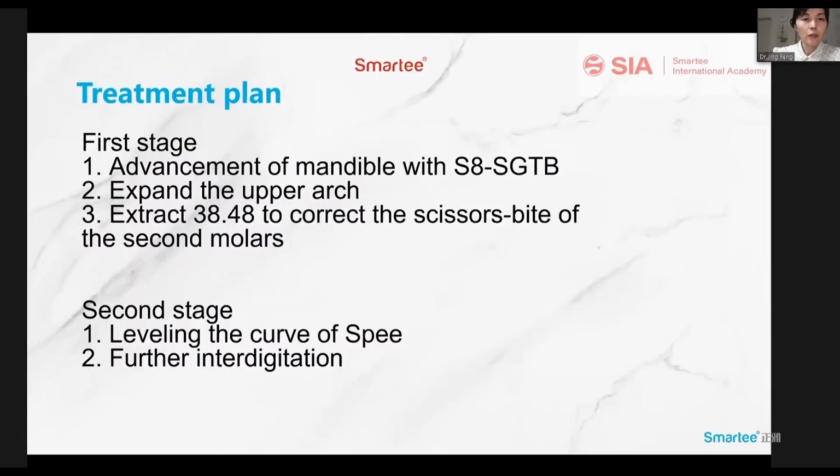So the treatment plan: first stage, advancement of the mandible with S8 SGTB and expand the upper arch, extract 3/8, 4/8 to correct the scissor bite of the second molars. And second stage, leveling the curve of Spee and further interdigitation.